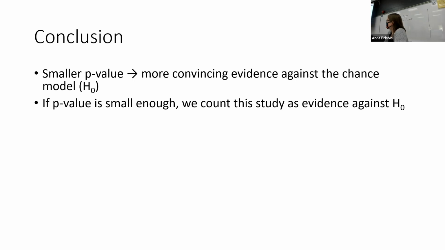We often give the chance model the symbol H sub 0, that'll be our null hypothesis. So if the p-value is small enough, then we count this study as evidence against the null hypothesis.